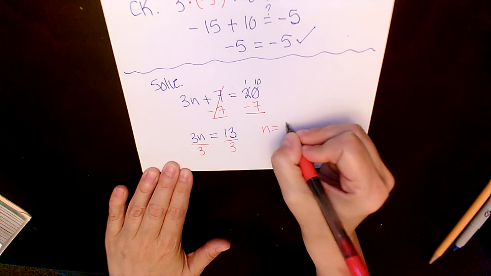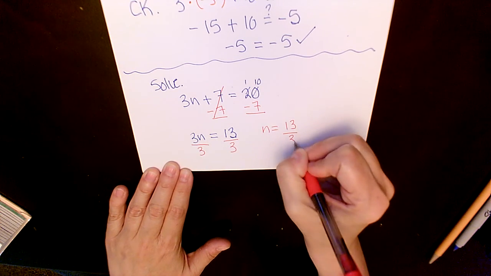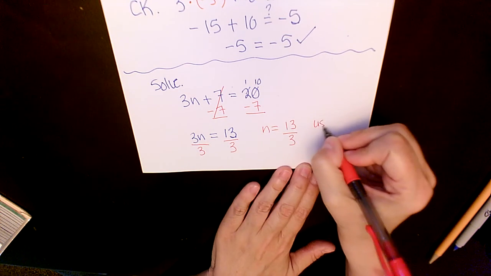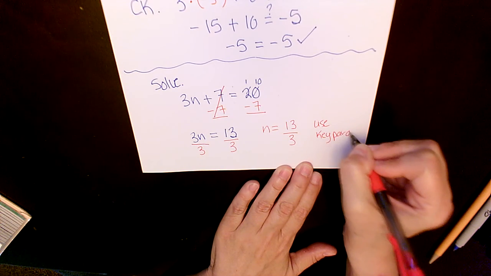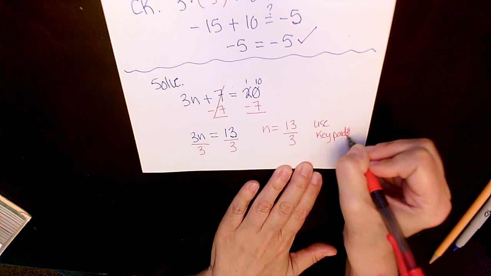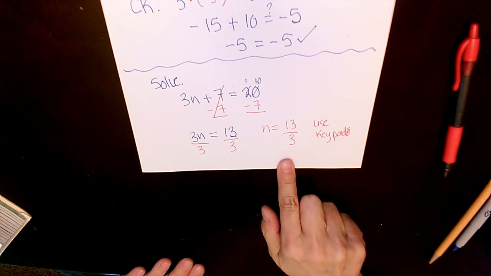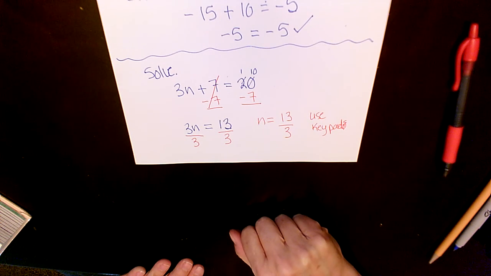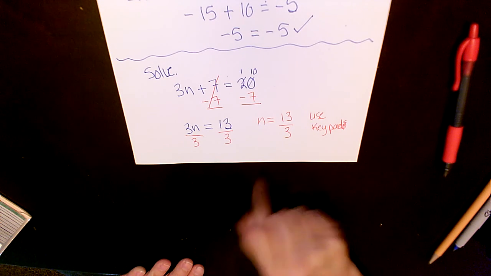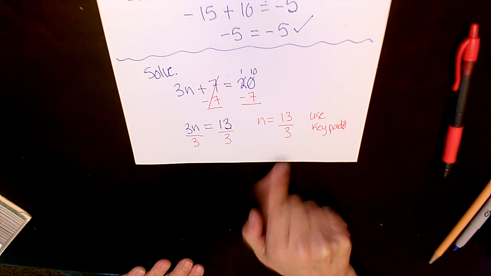So n equals 13 over 3. And use your keypad like we talked about before to punch that in as a fraction. So n is 13 over 3.